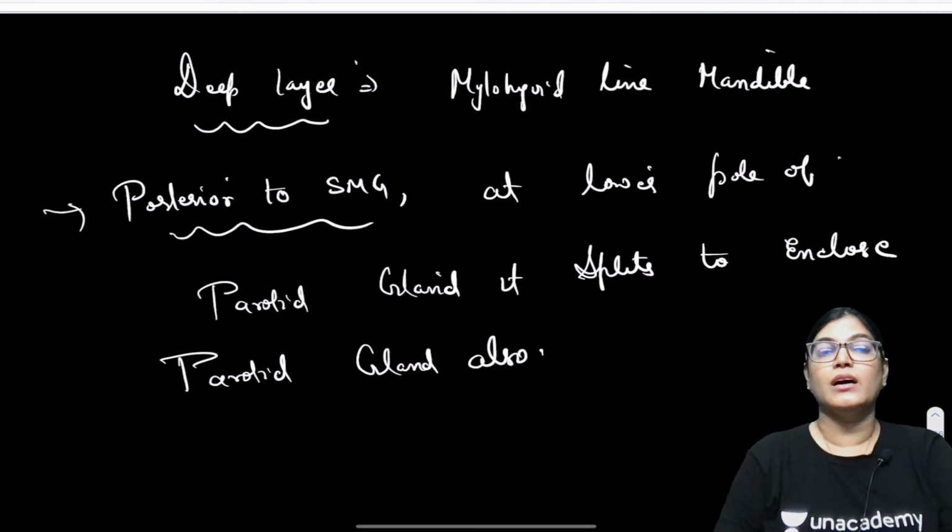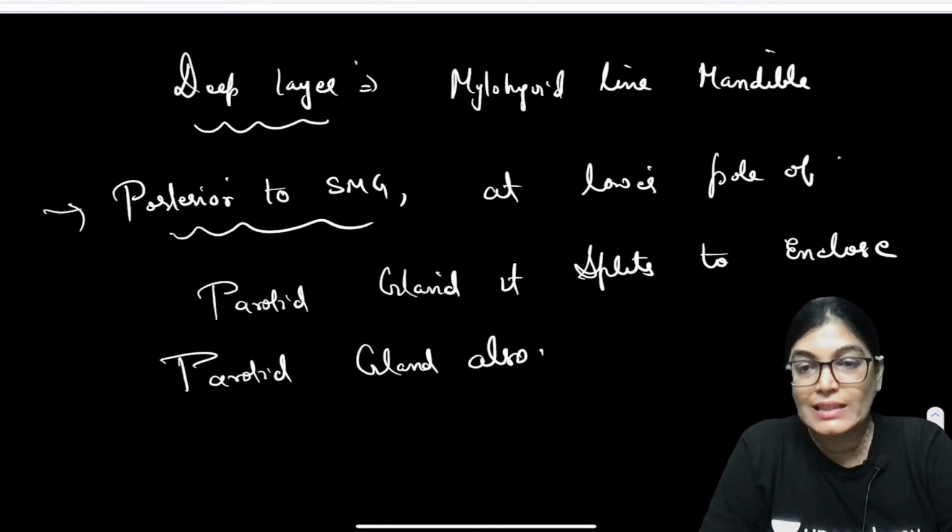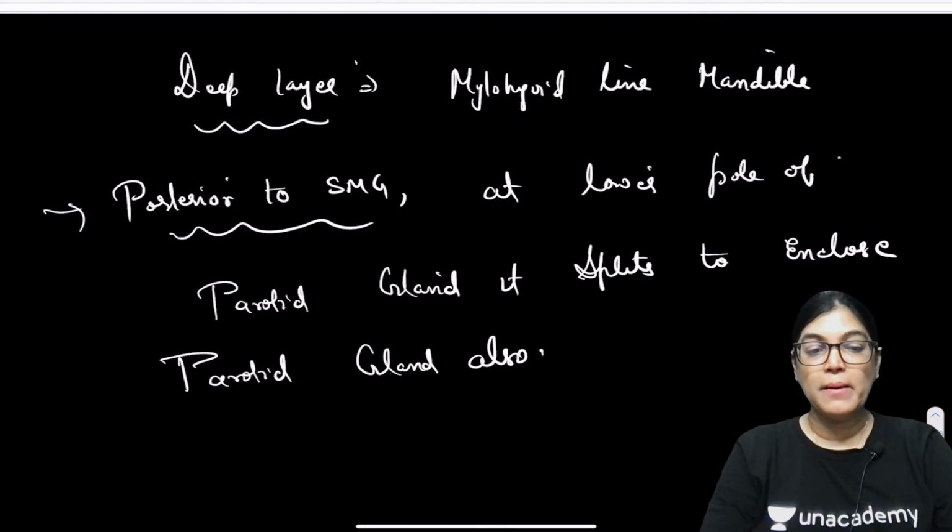So, that means two glands have been enclosed by investing layer of deep cervical fascia. One is the submandibular gland and other is the parotid gland.